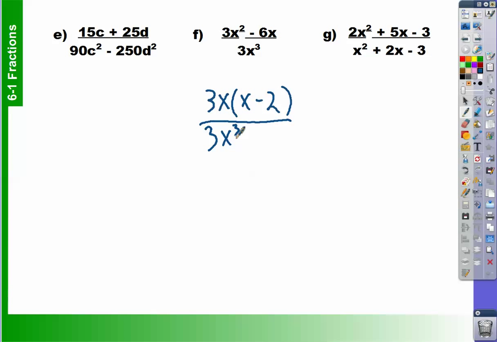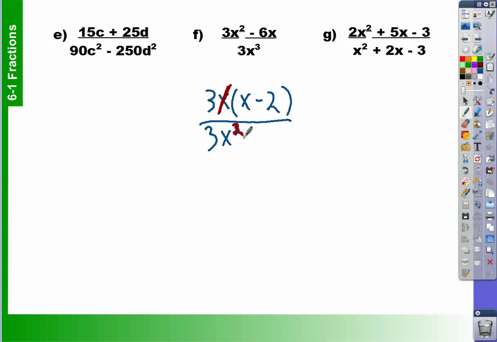Okay. Do I have any common terms that can be factored out? Can you cross out the x and one of the x's in the 3x? Yeah, absolutely. So x divided by x to the third is going to be 1 over x squared.